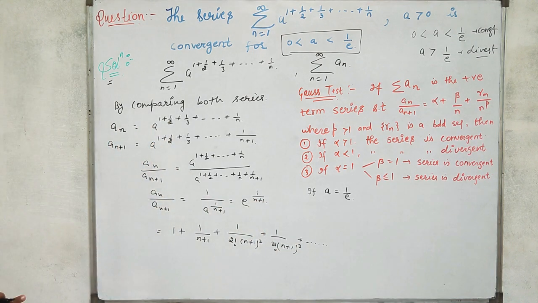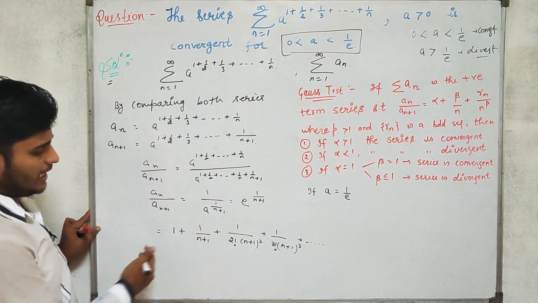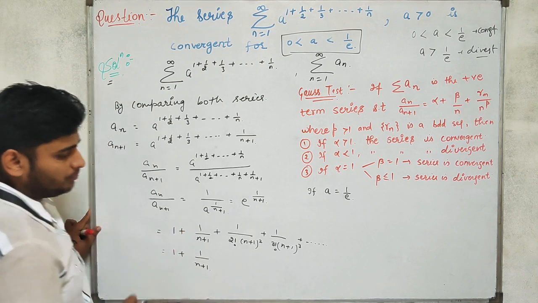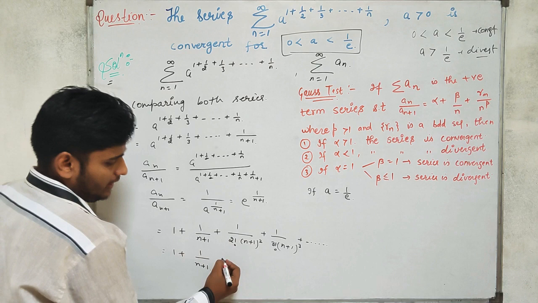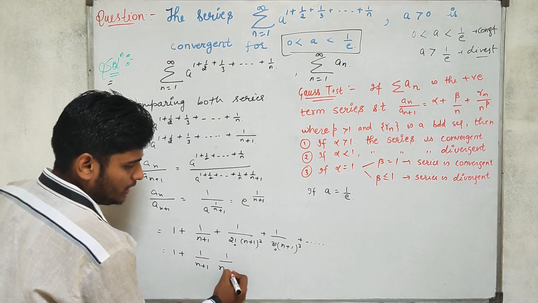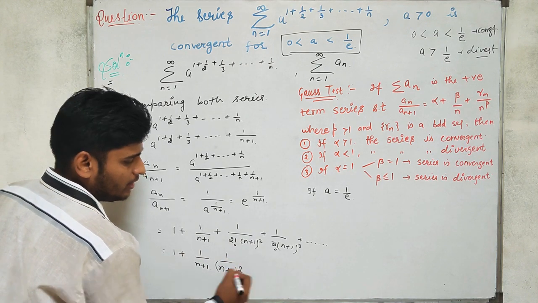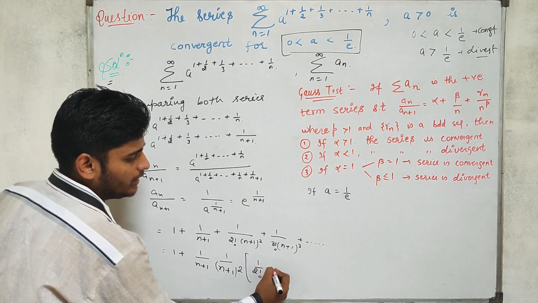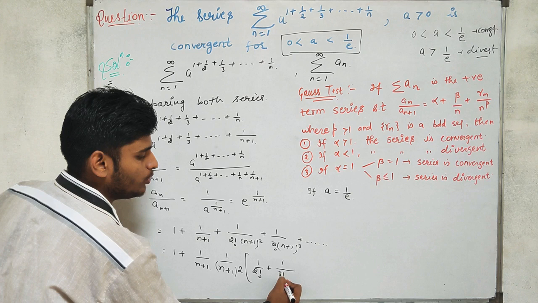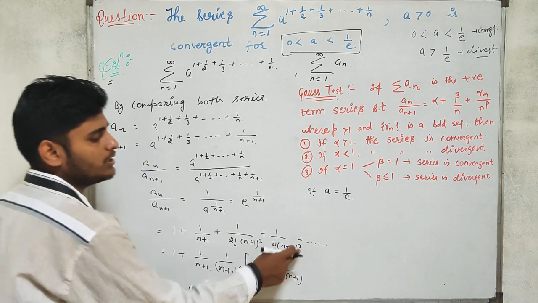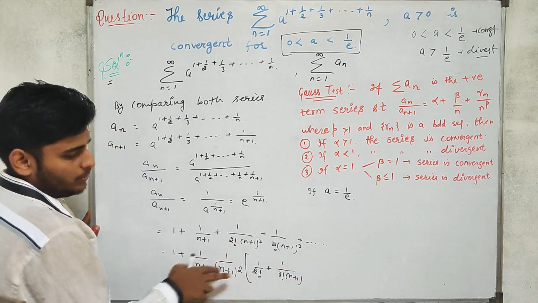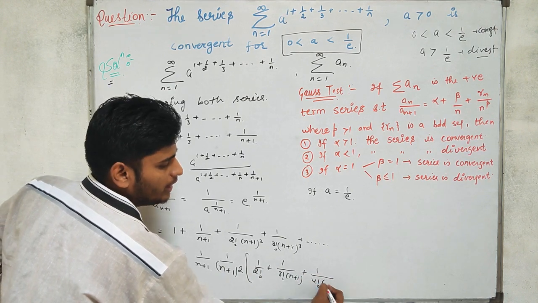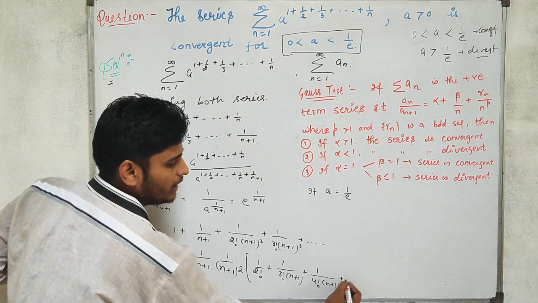Taking 1 upon n plus 1 common from this series, it can be written as 1 plus 1 upon n plus 1, times 1 upon 2 factorial plus 1 upon 3 factorial into (n plus 1), plus 1 upon 4 factorial into (n plus 1) raised to power 2, and so on.